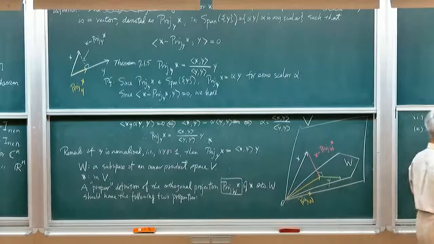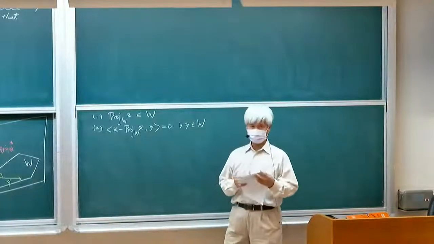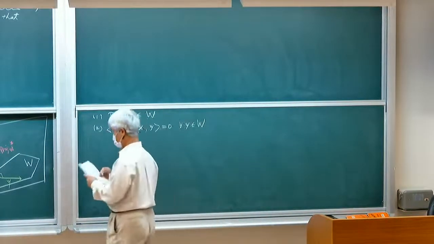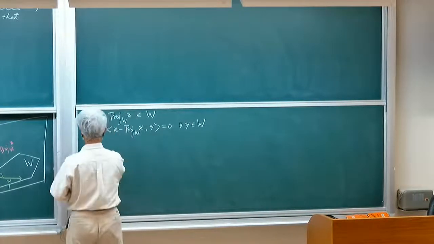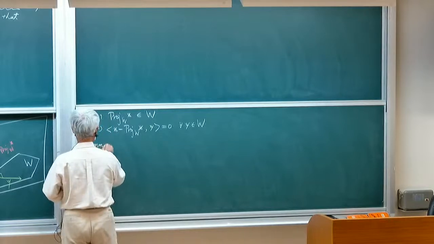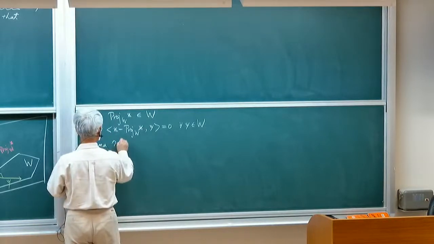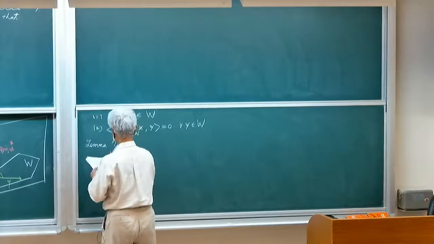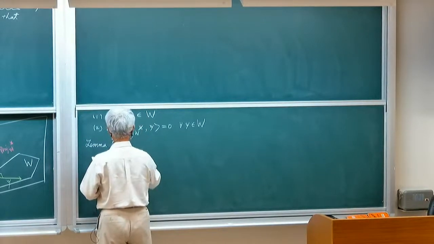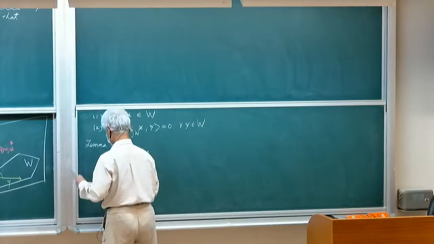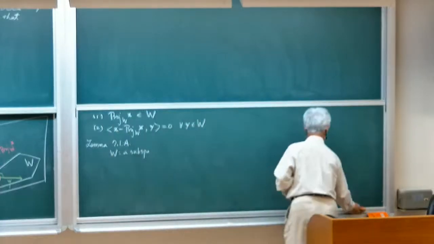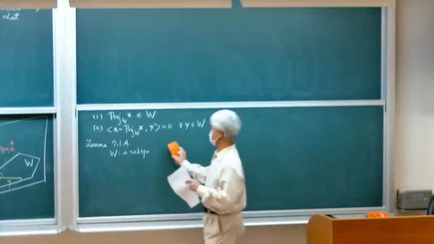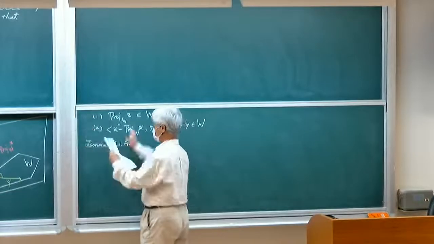All right. So now I will give you a partial answer first. First lemma. Now, W is a subspace. Maybe I don't repeat it to save time. So I just say W, they are all the same.